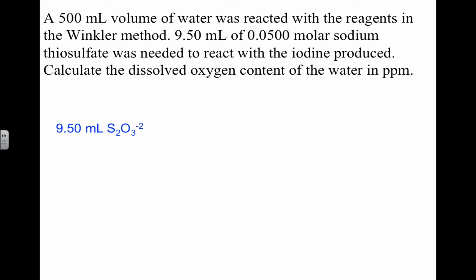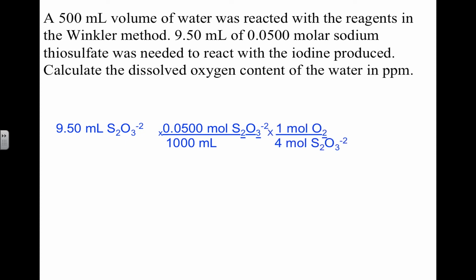So we're going to start with our volume of the thiosulfate, and then we'll use our molarity to get to moles. We'll use that mole ratio we just talked about. And parts per million, if you think way back, is mass-based, so we're going to convert this to grams of oxygen. We'll figure out we had 0.00038 grams of oxygen in the solution.